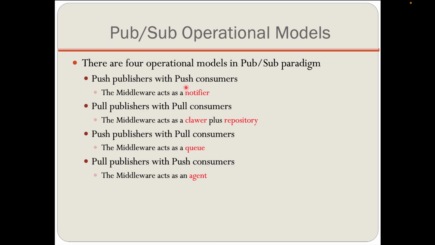Another hybrid mode is that the publisher uses the pull interface, but the subscriber uses the push interface. Then the middleware acts like an agent of the consumer, of the subscriber. Periodically, it tries to find out whether there's new information generated on the publisher side, and after it retrieves the information, it sends the whole information out to the subscribed consumers.